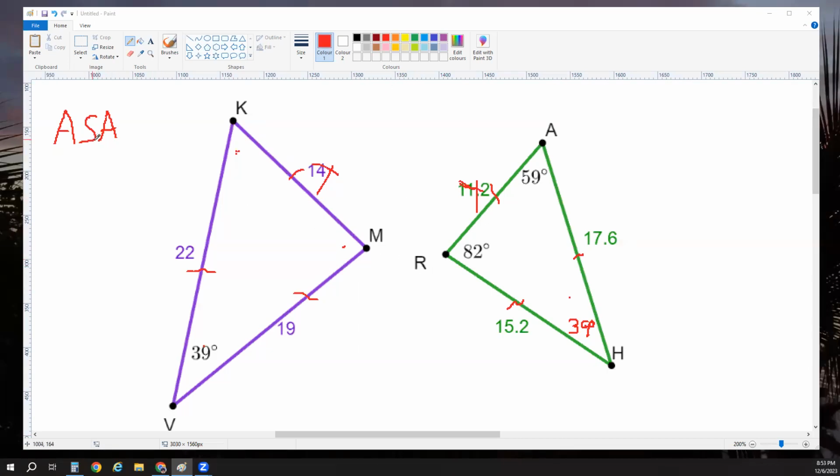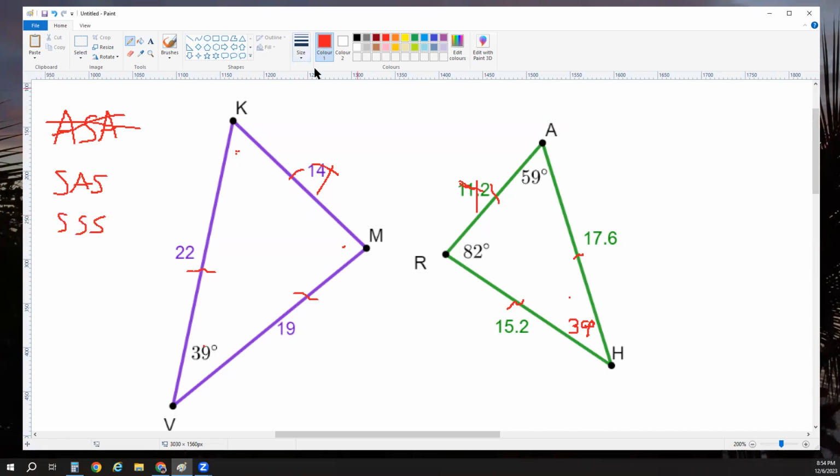Yeah, so it's either angle, oh no, sorry, not angle, side, angle. It's either side, that's wrong. Either side, angle, side, right? Because there's no angle, side, angle when talking similarity. It's either side, angle, side, or it's going to be side, side, side.